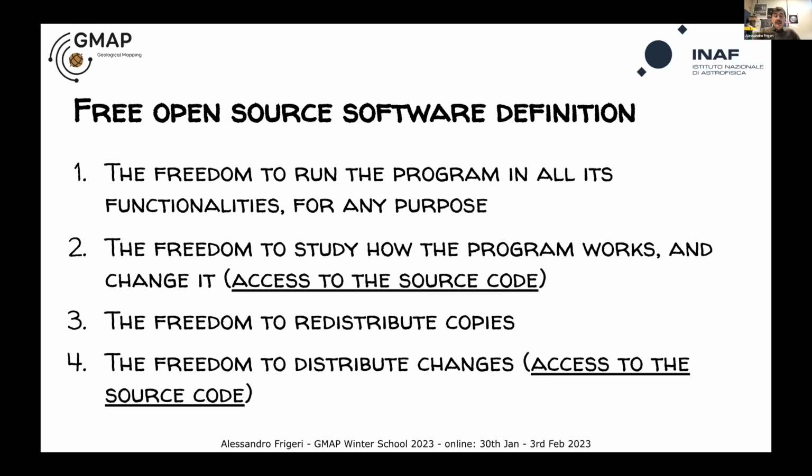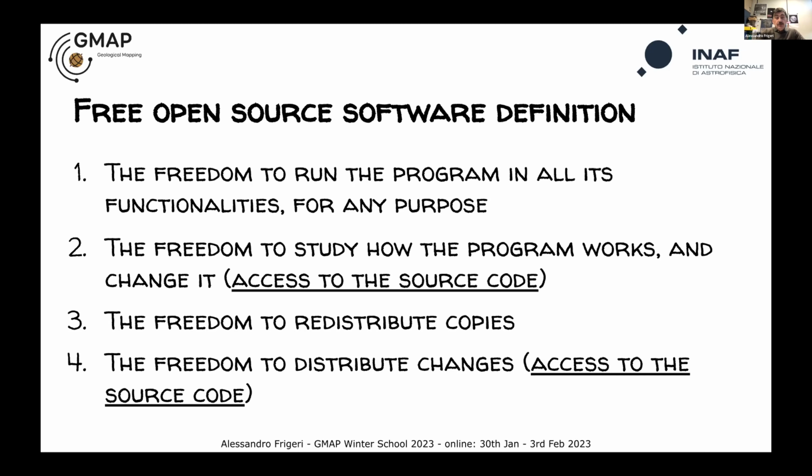The third point is the freedom to redistribute copies of this software. So a free open source software can be redistributed among the users. And the last point is the freedom to distribute changes. So this also implies accessing the source code and modifying the source code to typically improve it.